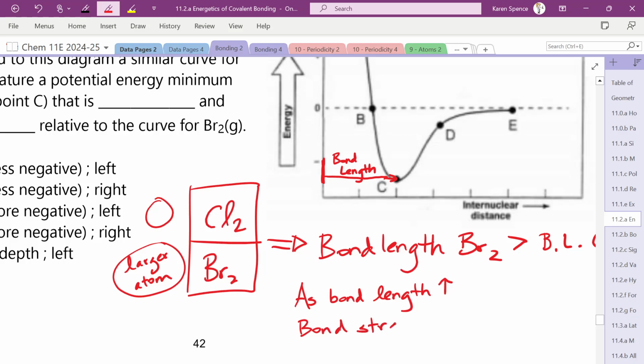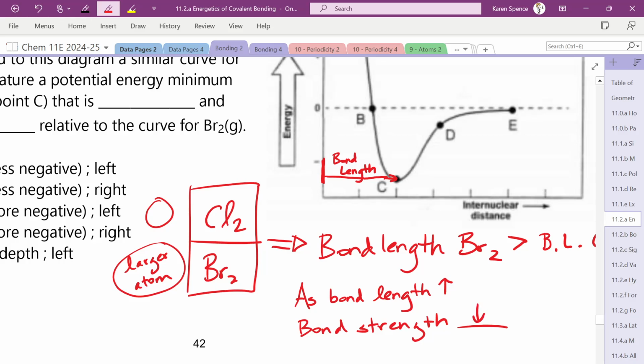Talk about that with your partner. As bond length increases, bond strength decreases.